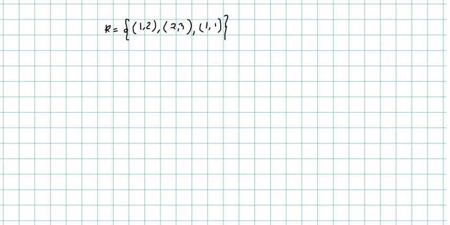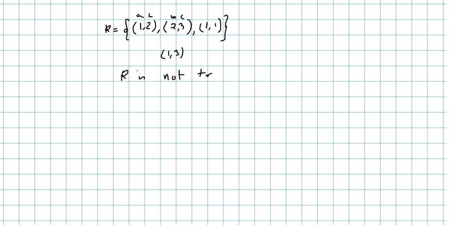So, this is a relation R: (1, 2), (2, 3) and (1, 1). Is this relation transitive? It has only 3 ordered pairs. Let us say this is A, this is B, again this 2 is B, and this is C. Now is (1, 3) present in here? (1, 3) is not present in this relation. So, R is not transitive.